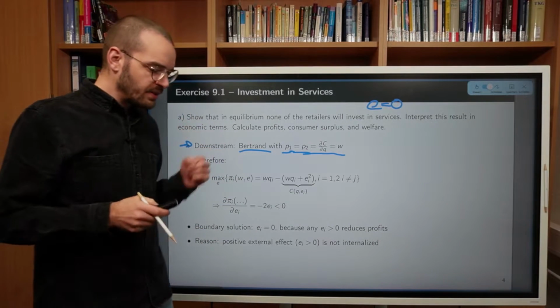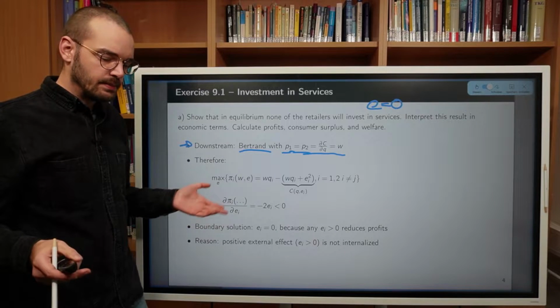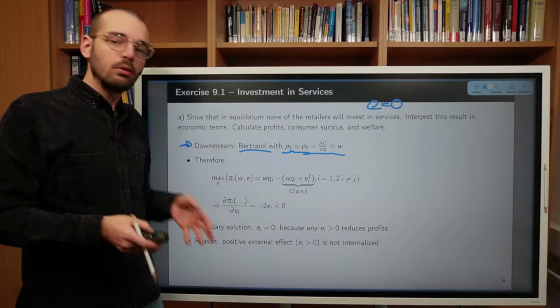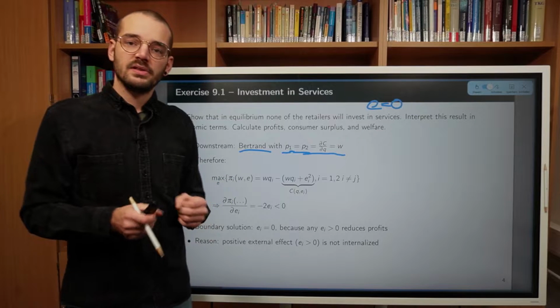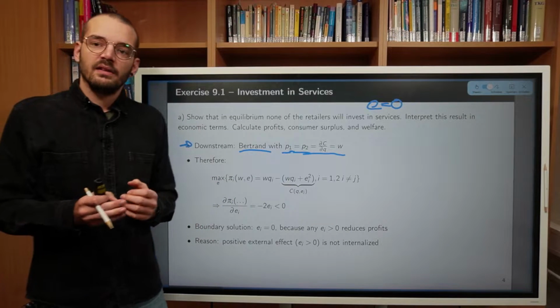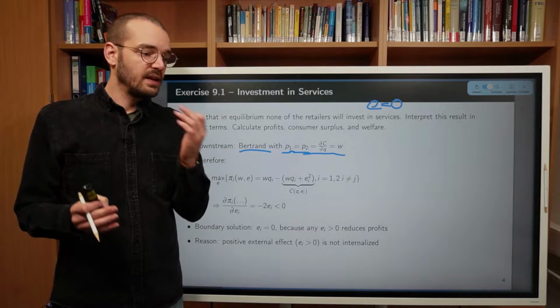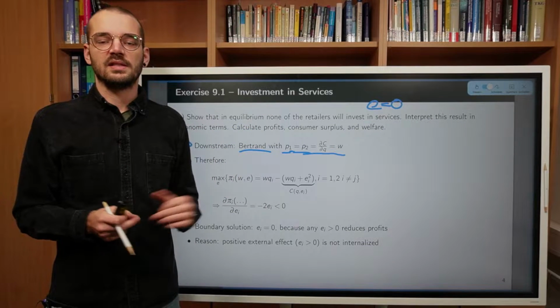So the profit maximization problem downstream now is a whole lot simpler, because previously downstream the retailer had to make two strategic decisions.